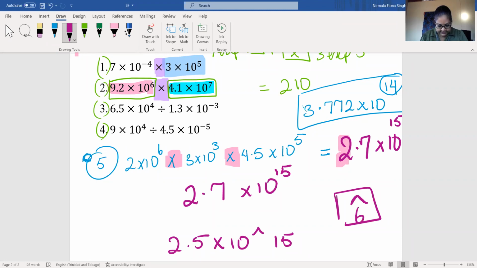You will see a button like this, and right next to it you'll have a hat. This is the button you're using. But when you're using your keyboard on your laptop, tablet, or desktop, it's Shift 6. So this is how we write it down.